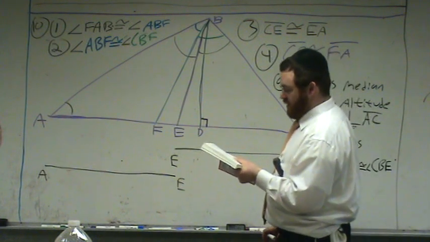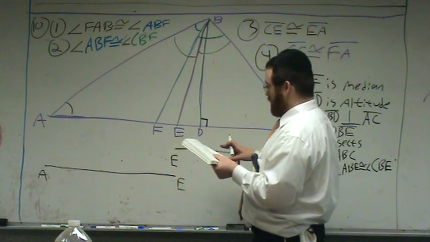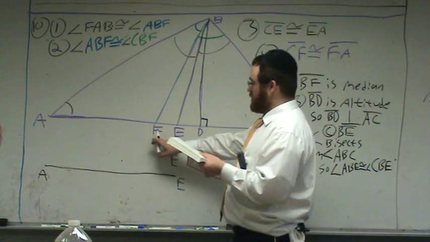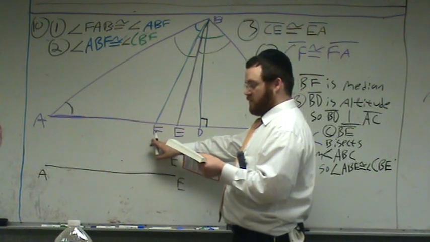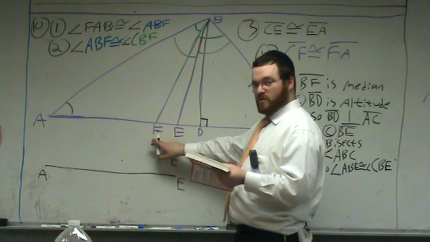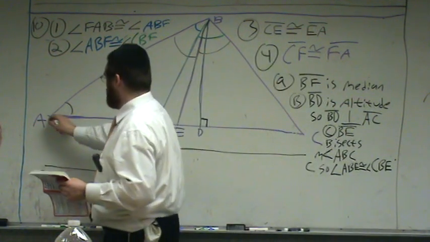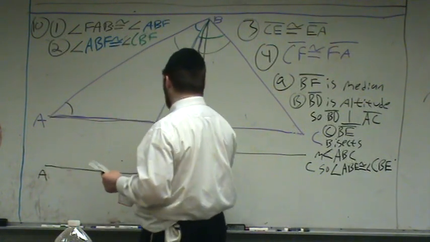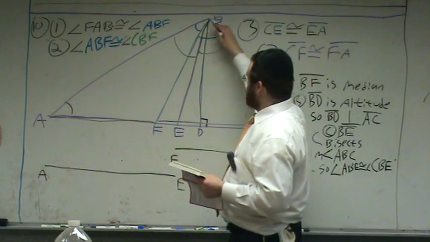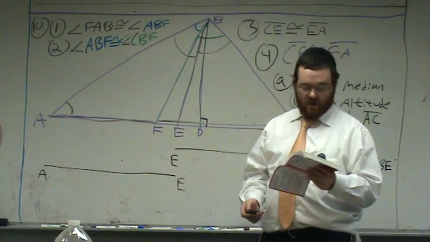No, we know that answer 4, which is CF, F is the middle of the base, that's the median that breaks the base into half, is equal to FA. We know it's true, because this is half, and this is the second half, because BF breaks it in half. So the only answer that is correct is answer 4.